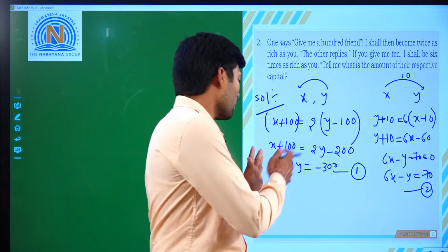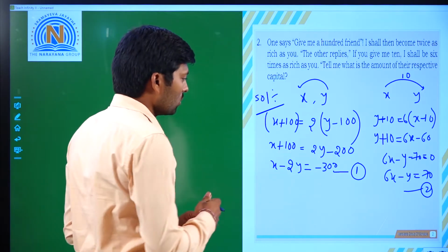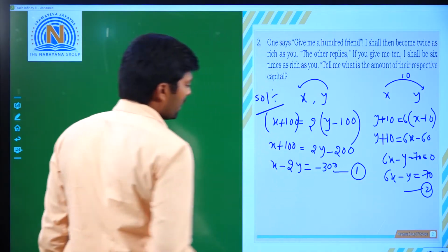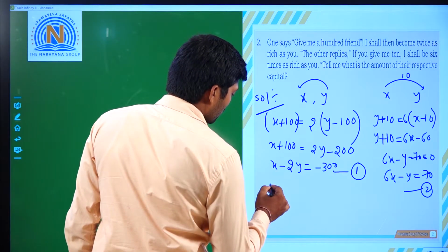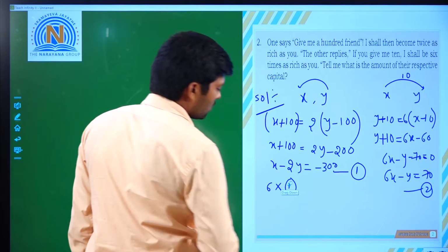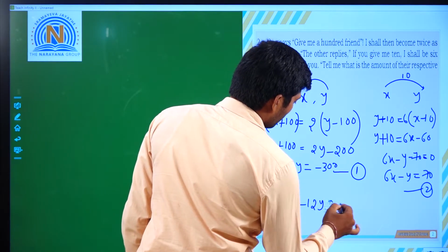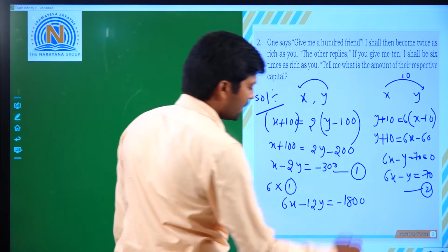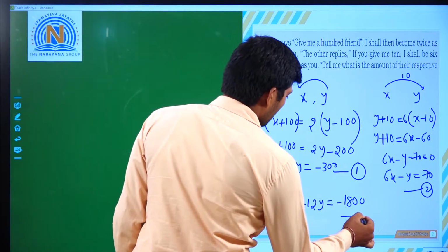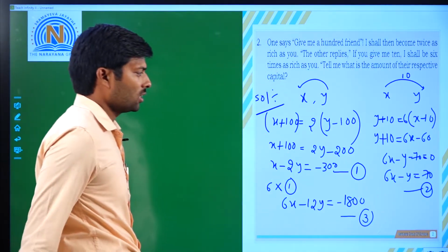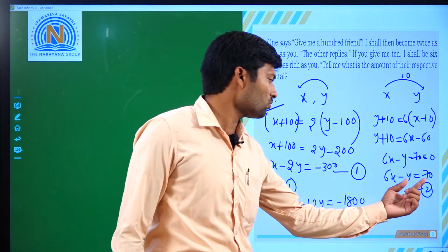Now these are the two linear equations in two variables. Now solve for the values of X as well as Y. Multiply equation 1 by 6. This can be written as 6X minus 12Y is equal to minus 1800. This is equation number 3. Solve equations 3 and 2 to find the value.